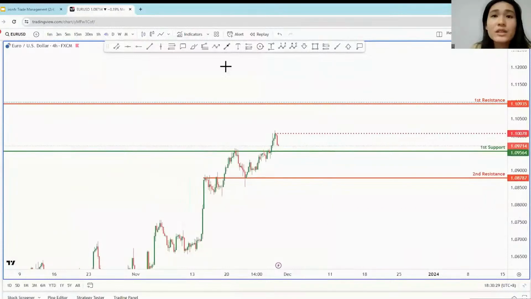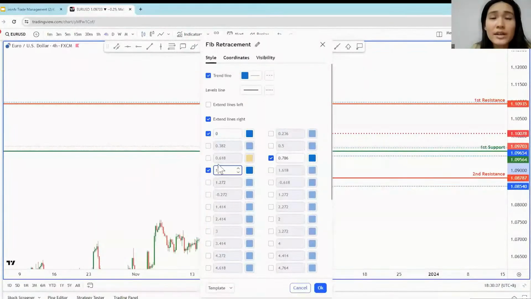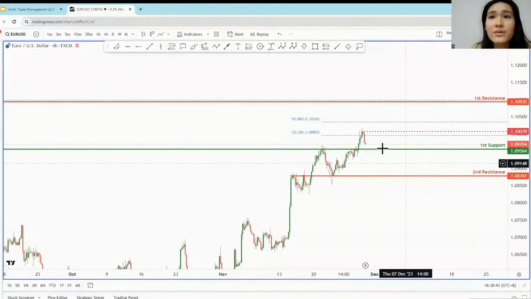Now if we zoom in, I think I see another Nike tick shape here. So I'm gonna pull out my 127.2 and 161.8.